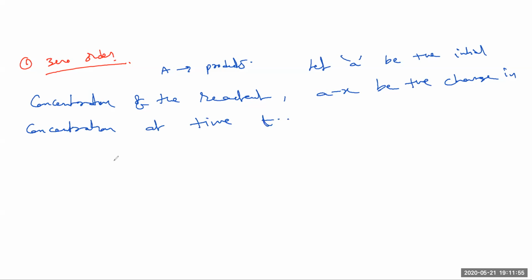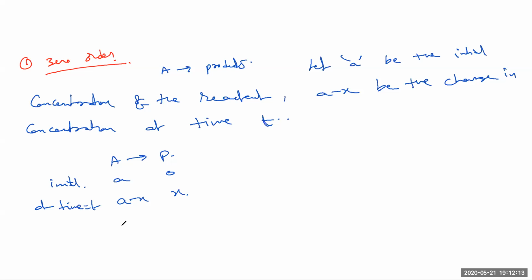So A gives rise to product. Initially it is a and product is 0, at time t it is a minus x and x.